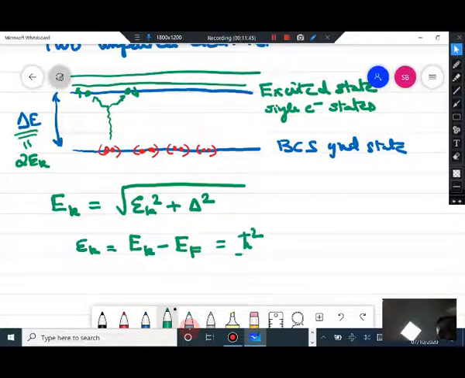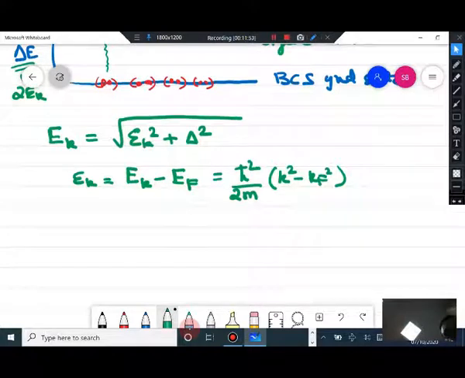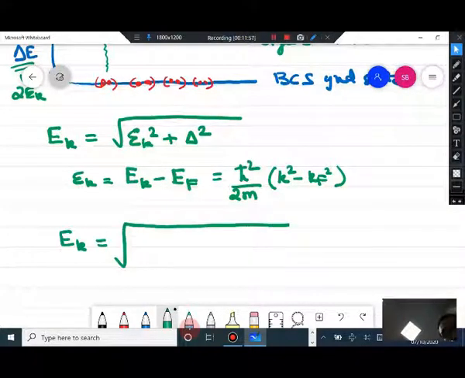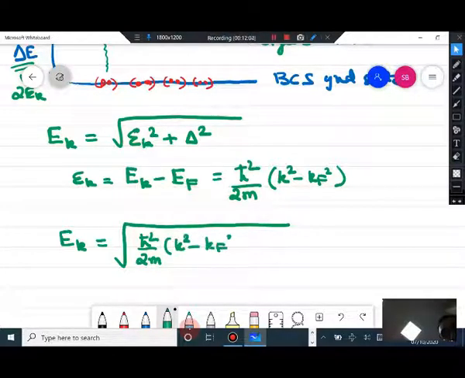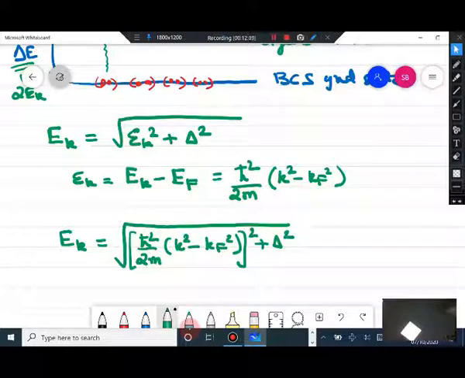So this is just h cross square by 2m, k square minus kf square. So the energy Ek is basically the square root of h cross square by 2m, k square minus kf square, the whole square plus delta square.